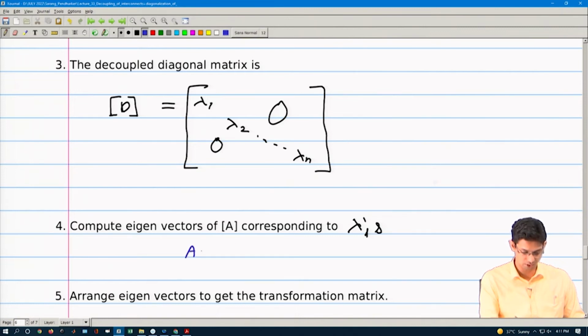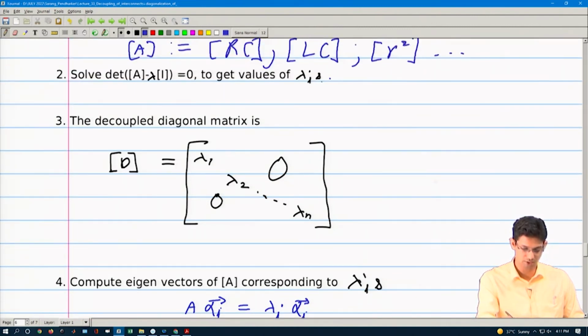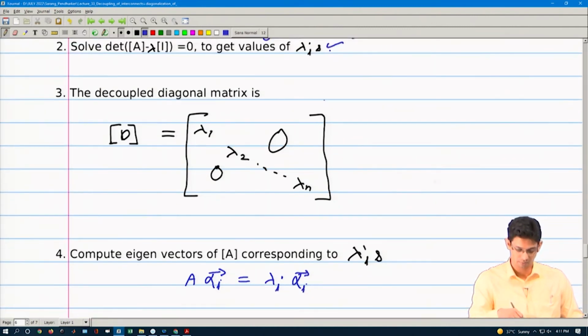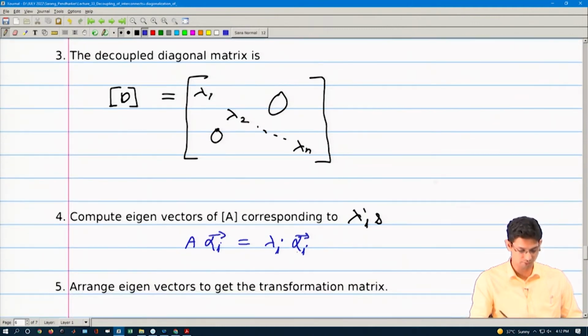So, your A into alpha i would be lambda i into alpha i. So, your lambda i's you have got from here. You know A, you have to get these eigenvectors.